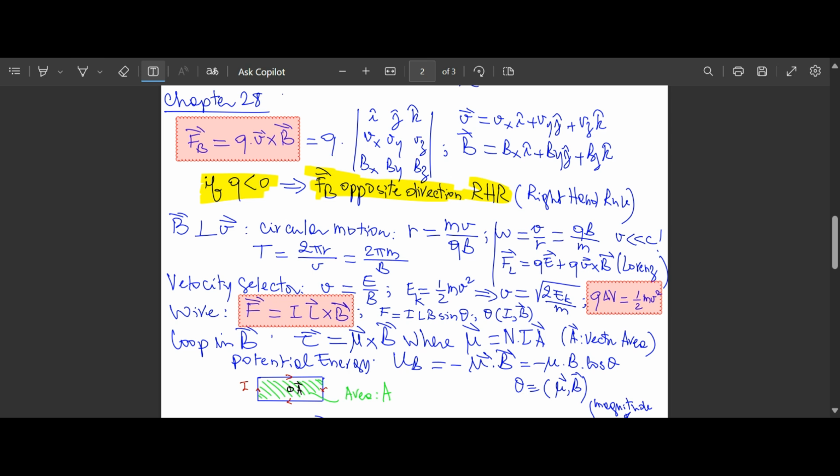In what trajectory should it move? In a circle. Trajectory is a circle. If I say a circle, well, I need to know R, the properties of a circle. I need to know R, I need to know V also. V is given to me, by the way. Well, maybe I need to know omega. I need to know T, because it's a circle.